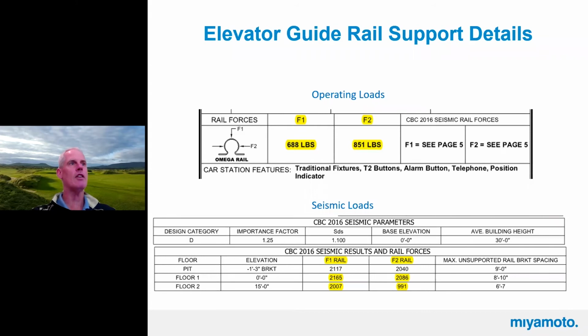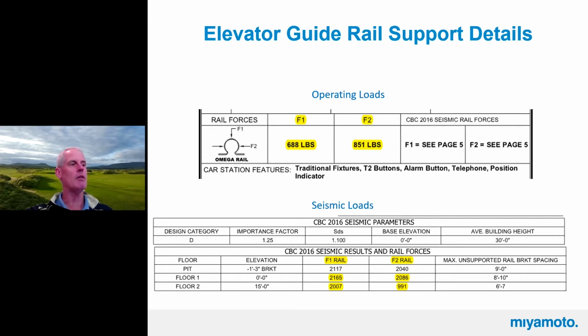And here's kind of the stuff we'll get from the elevator vendor at some point, the rail forces. As we said, here's the F1 and the F2, or typically they'll call these R1 and R2. I don't know why this vendor has a different nomenclature, but I would say 90% of the vendors will have that R1 and R2. But the F1 is perpendicular to the rail.